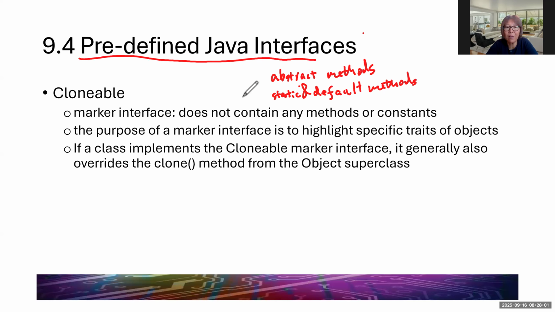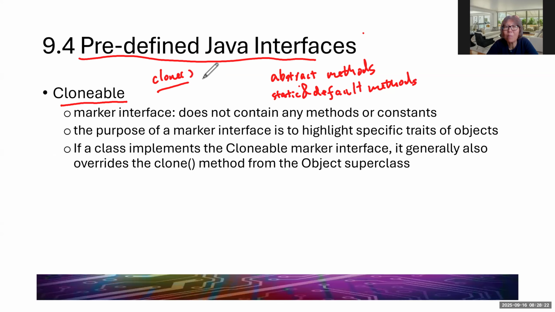And there are three very important predefined Java interfaces that are used a lot. So let's take a look. The first one is the Cloneable interface. If you recall, in our design of different classes, we kept implementing and overriding the clone method.